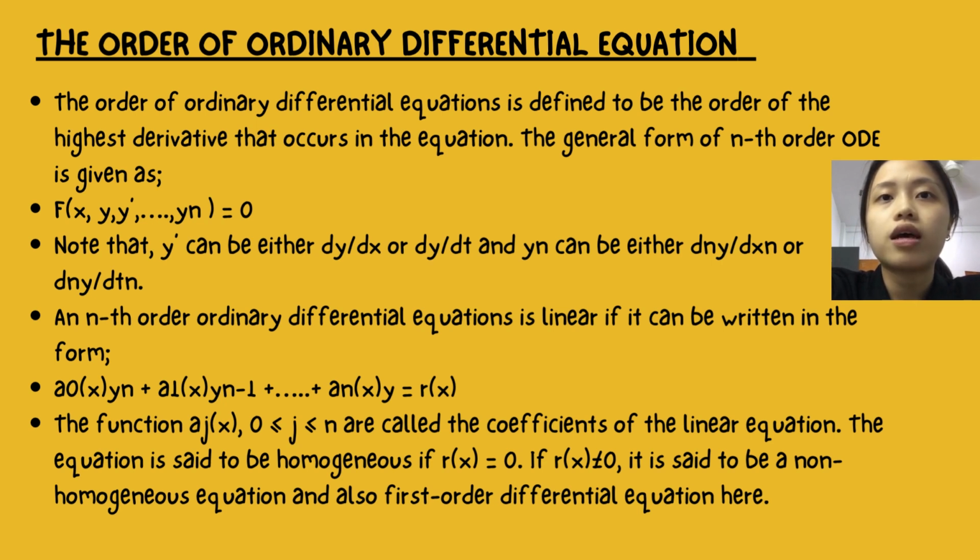The functions aj(x), where j is from 0 to n, are called the coefficients of the linear equation. The equation is said to be homogeneous if R(x) equals 0. If R(x) is not equal to 0, it is said to be a non-homogeneous equation.